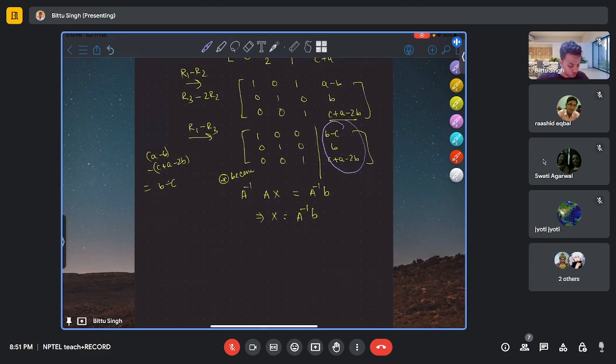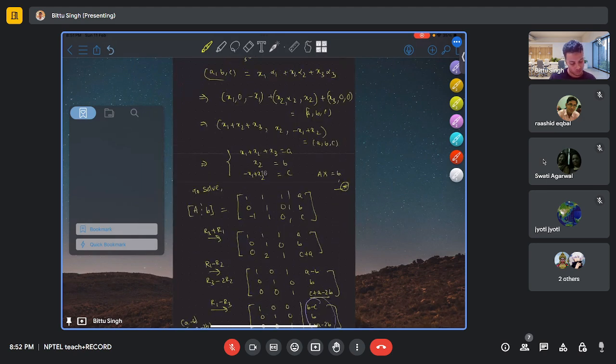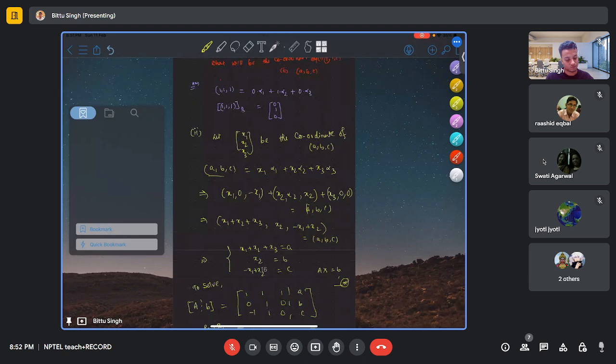Therefore the solution (x1, x2, x3) is the same as (b minus c, b, c plus a minus 2b). Okay, so this is the process.